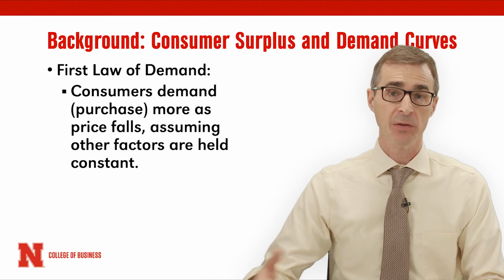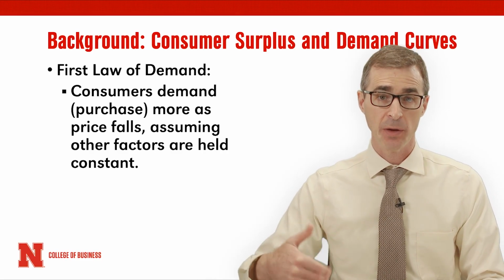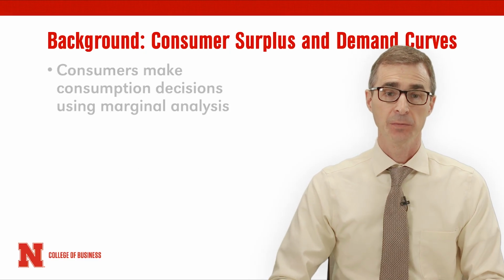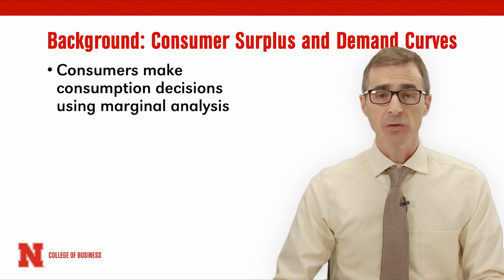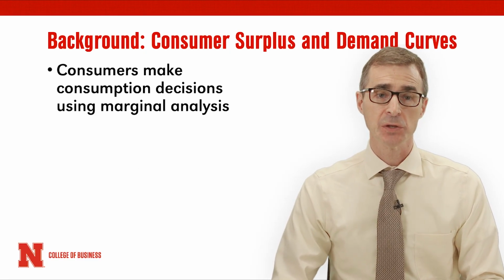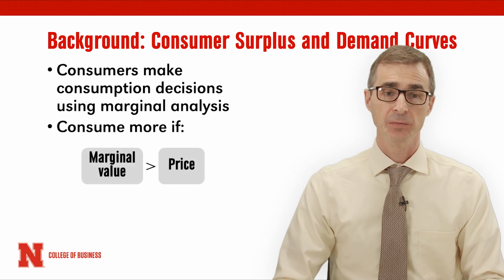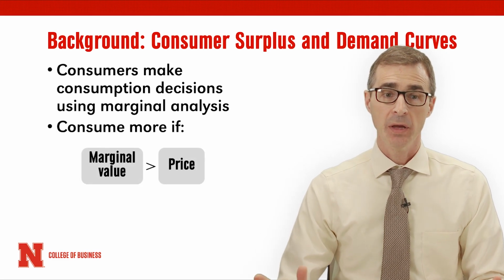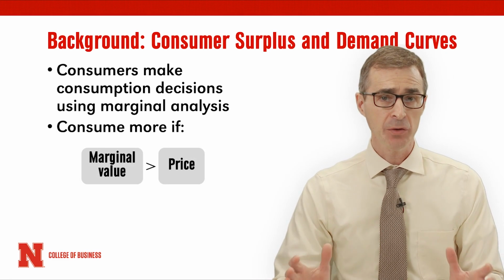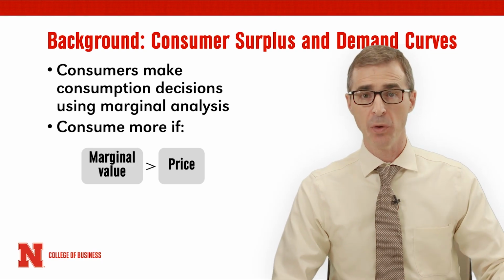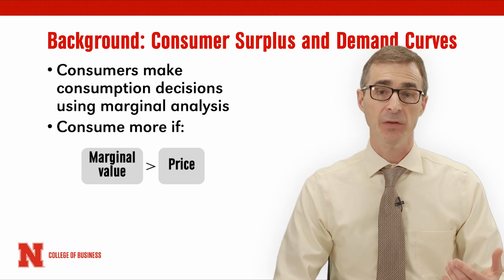We'll refer back to this first law of demand as describing exactly this. Consumers are assumed to make consumption decisions using marginal analysis. I'll consume more as long as the marginal or incremental value of consuming one more unit exceeds the price that I have to pay.